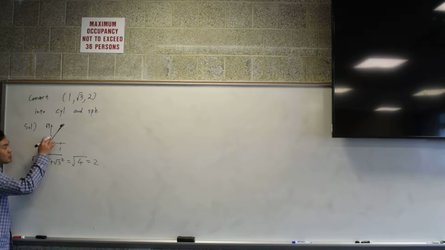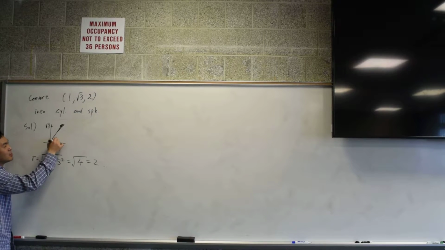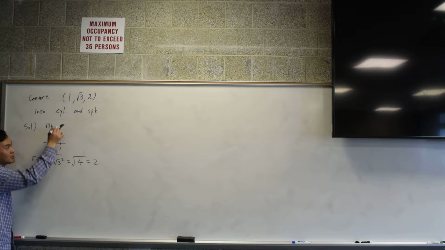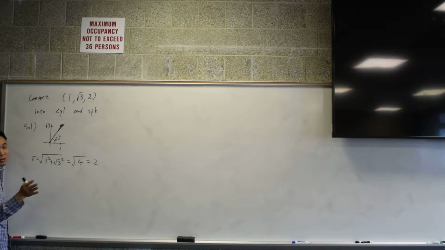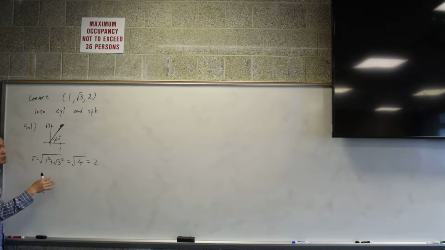Now, just by looking at this graph, can you tell what this angle is? 60 degrees, right? The ratio of this and that being 1 and radical 3, we recognize as special ratios. So it must be one of the special angles, and since this is kind of big, it must be the 60-degree one.